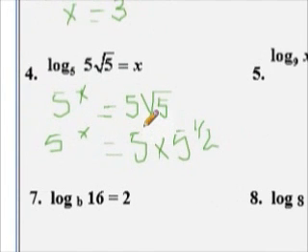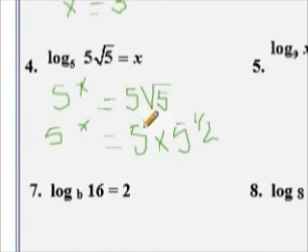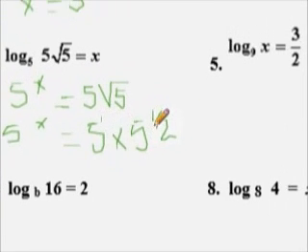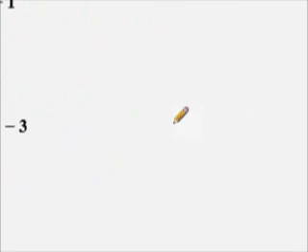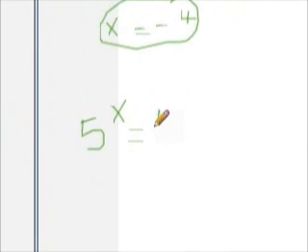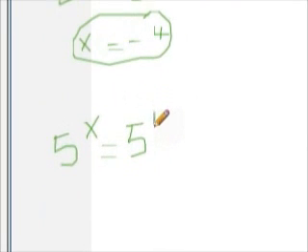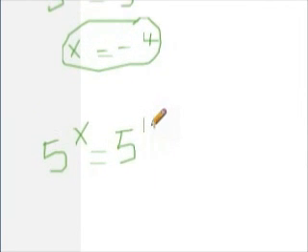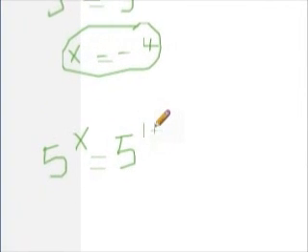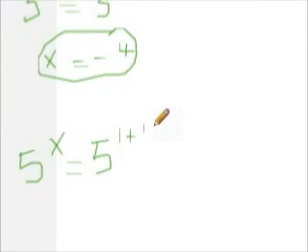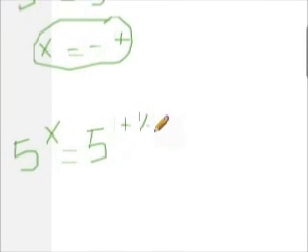So here I get 1 to the power of 1. It's like I have 5 to the power of 1 plus 1/2. This is gonna give me 5 to the power of 1 plus 1/2, right? 1 plus 1/2.